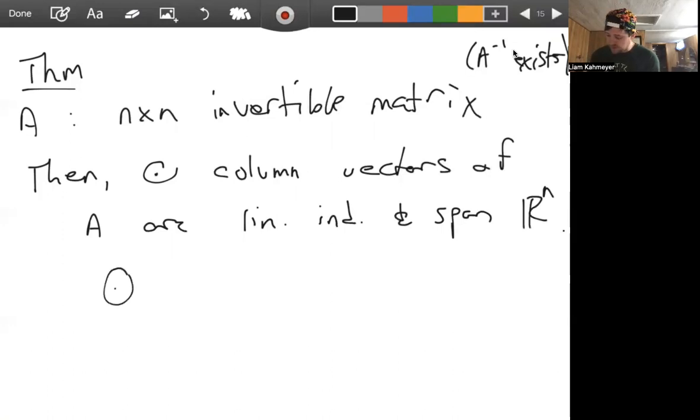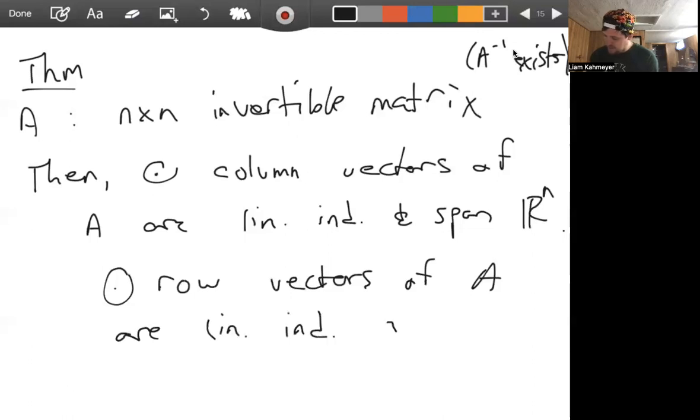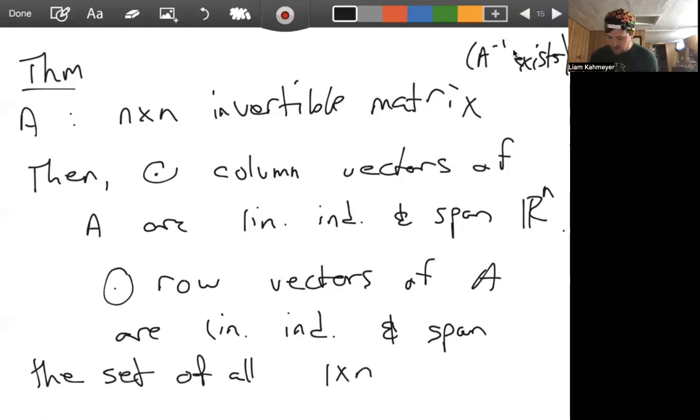We also have that the row vectors of A are linearly independent and span the set of all 1 by n vectors, which can still be thought of as Rn, right?